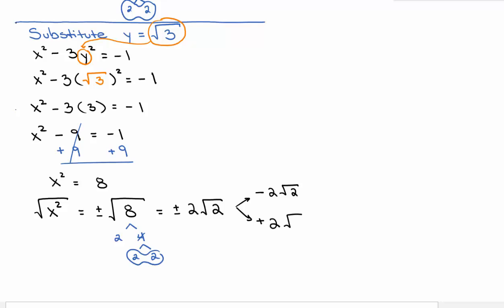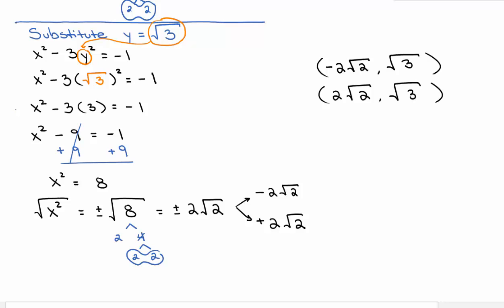Negative 2 square roots of 2 and positive 2 square roots of 2. So once again, here are my ordered pairs now. Negative 2 square root of 2, comma, square root of 3. And then here we're going to have positive 2 square root of 2, comma, square root of 3.